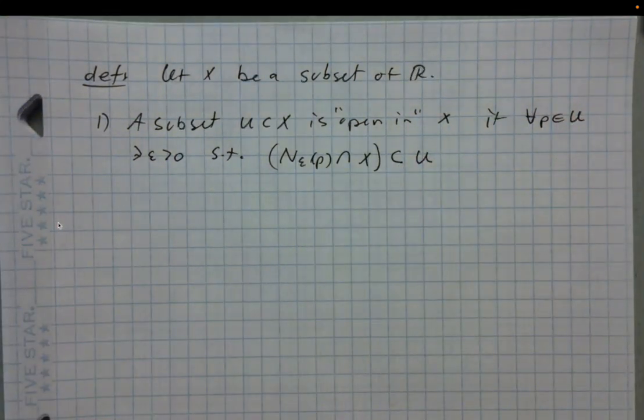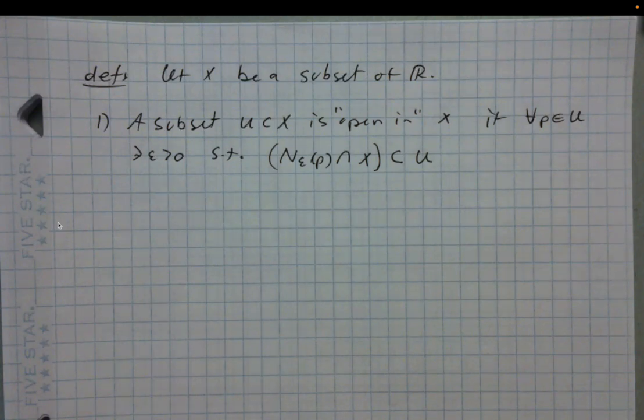We'll do an example in a second on this. So a subset U of X is open in X. This is new terminology, open in. Up to this point we've just said that a subset is open or it's closed, but now we're saying it can be open in a subset even if it's closed in general.